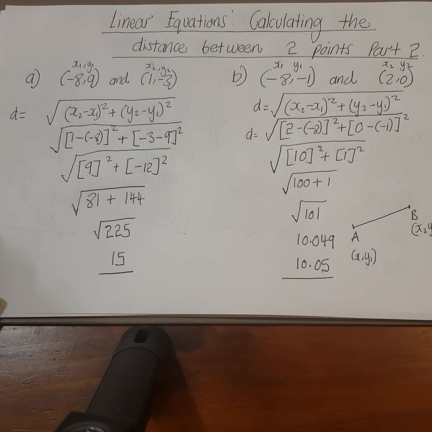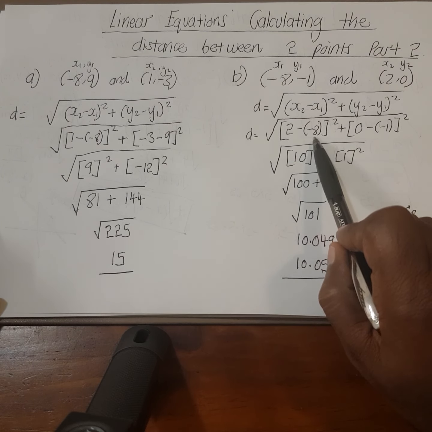Like I mentioned as well, the reason why I put negative numbers is to show you what happens when we get negative numbers put together. It can be confusing, but if you have a solid understanding of integers, this becomes pretty straightforward. So that's 2 minus -8 squared, 0 minus -1 squared. When you've got two negatives together like that, that becomes a positive.